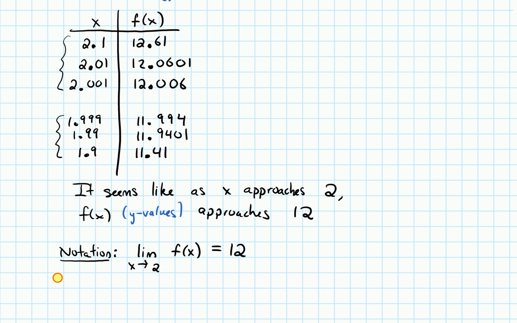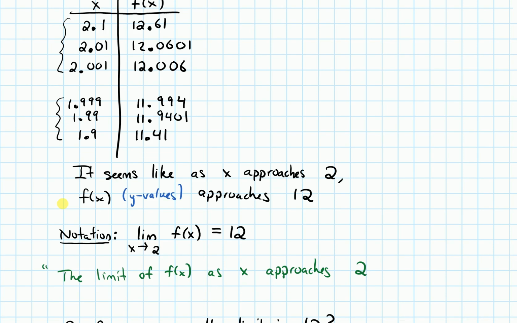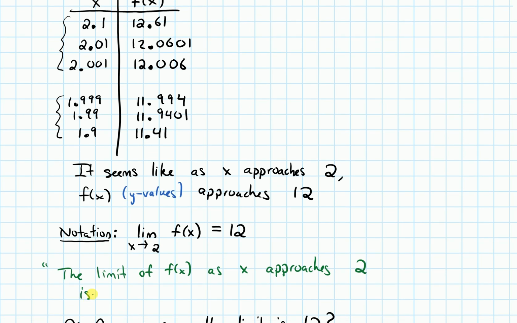The way I say this in words is, the limit of f of x, of my function, as x approaches 2 is 12. That's how I would say this notation in words. It's saying as x gets really, really close to 2, f of x, the y values, are getting really close to 12.